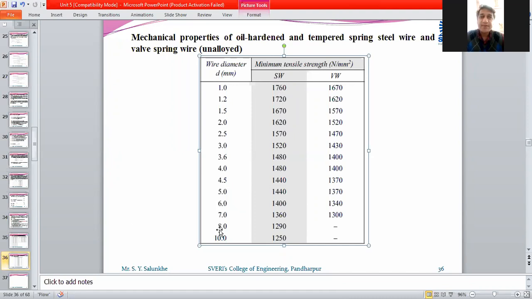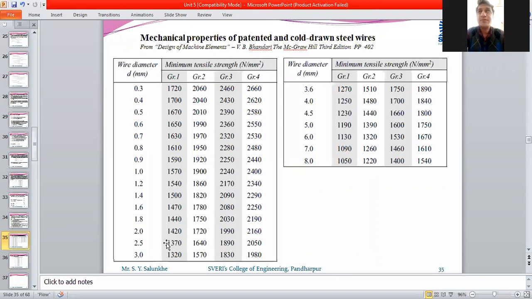Okay. And likewise, it has been given up to 10 millimeter diameter. Any question related to this? Hello? No. Okay, no problem.